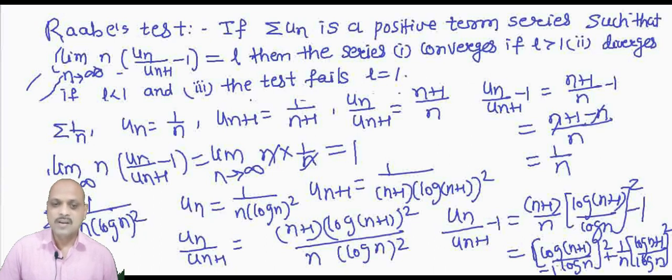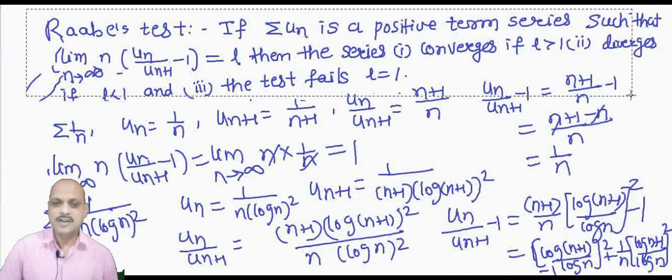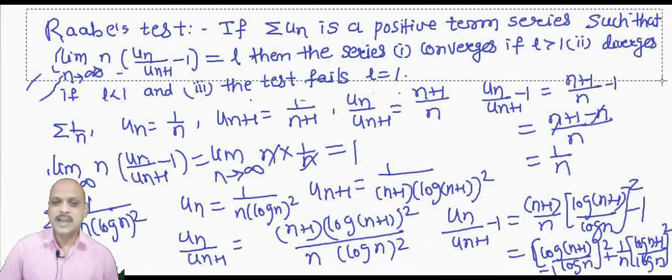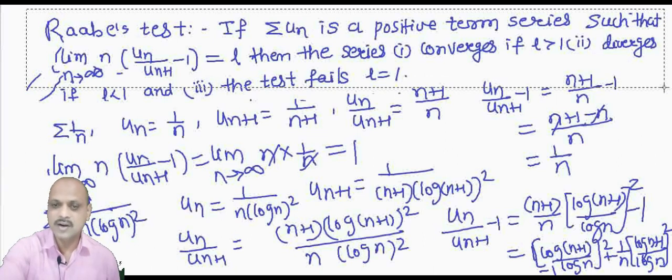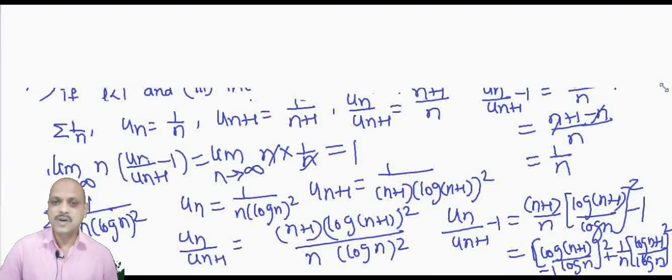Now let me make some space. First I am erasing the statement of this. We are proving that this test fails for L is equal to 1.